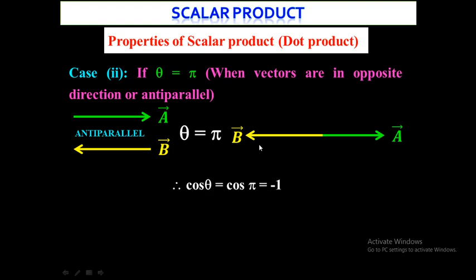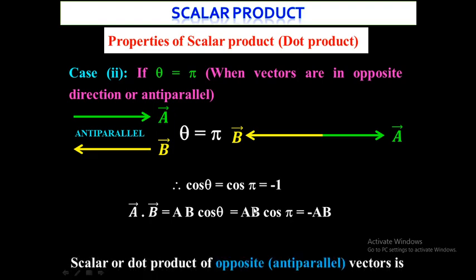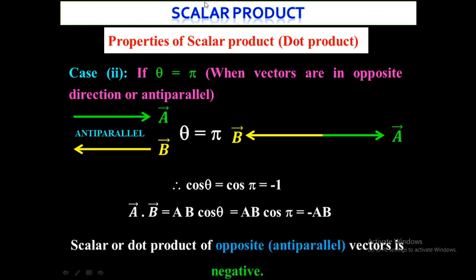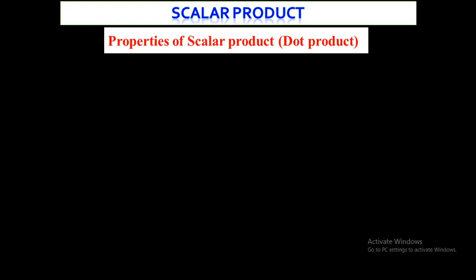So according to the definition of dot product, vector A dot vector B is equal to AB cos theta, and in place of theta there is pi. So cos pi is minus 1, and vector A dot vector B is nothing but minus AB. The output is negative. So when the vectors are in opposite directions, or anti-parallel, their scalar or dot product is negative. So this is the second property.